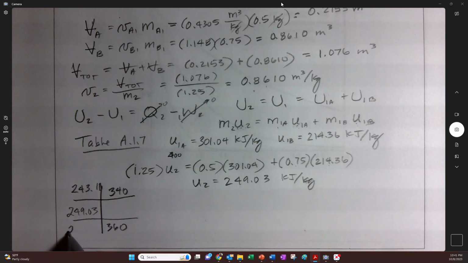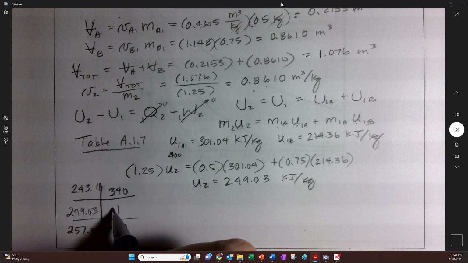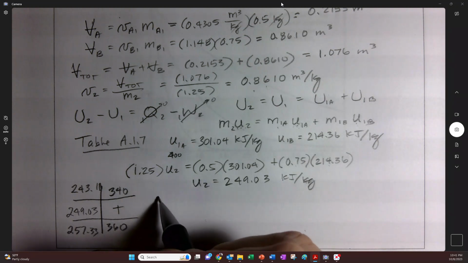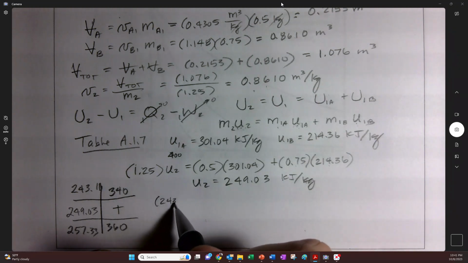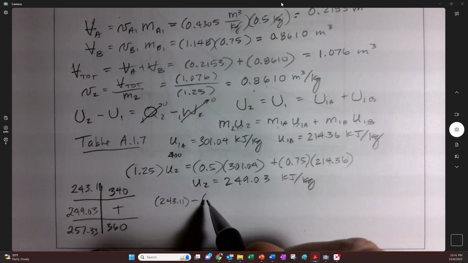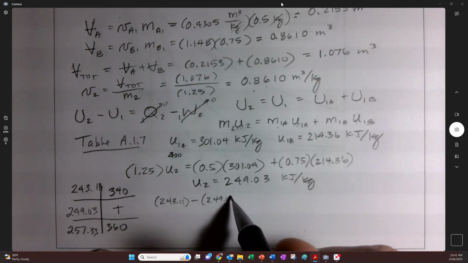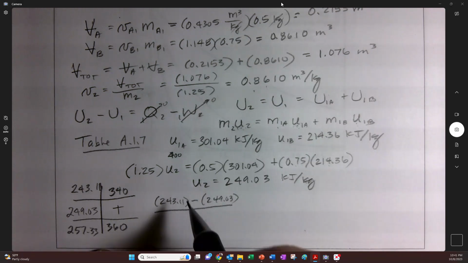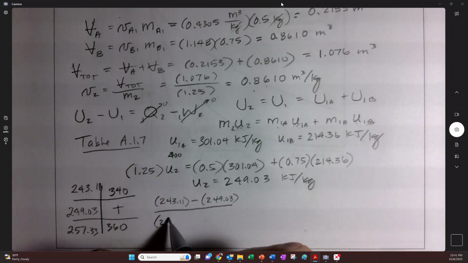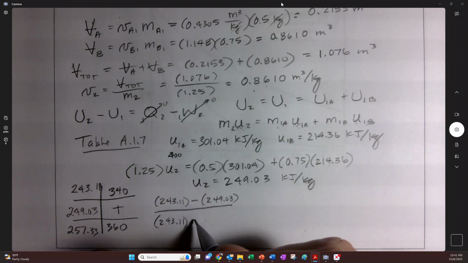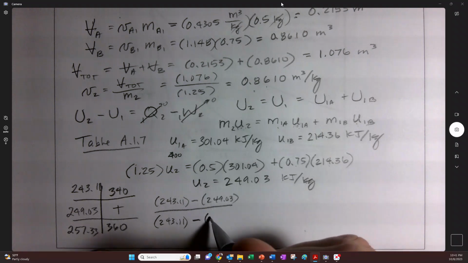This was 257.33, and here's the T that we want to find. So 243.11 minus 249.03. Watch previous videos if you want some more interpolation explanation, or I could do it right now.